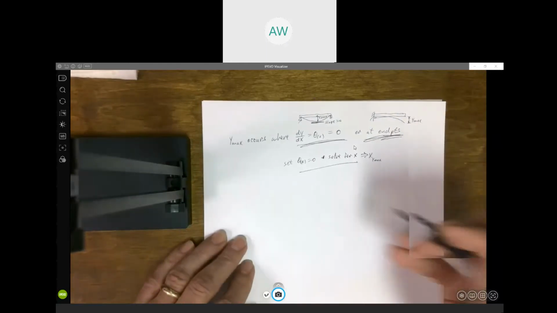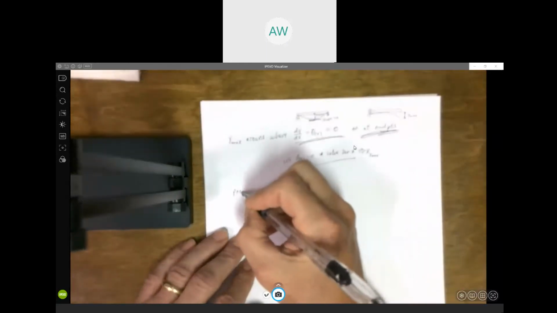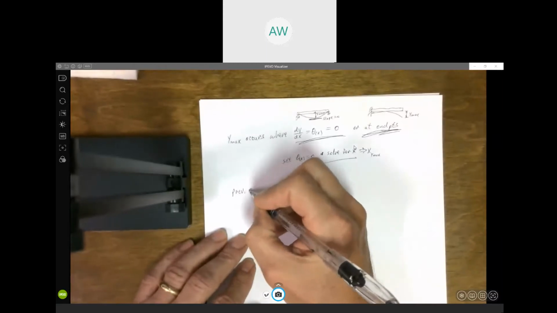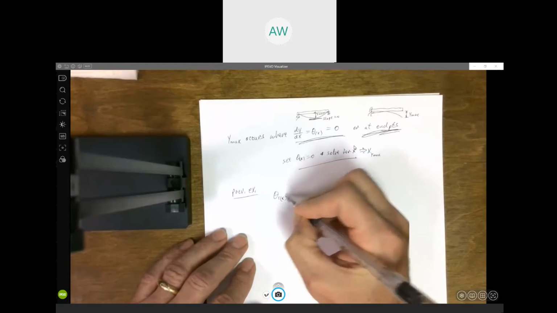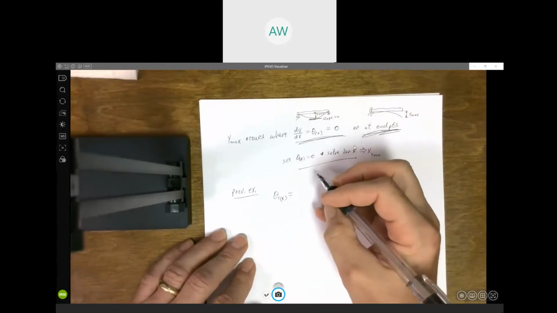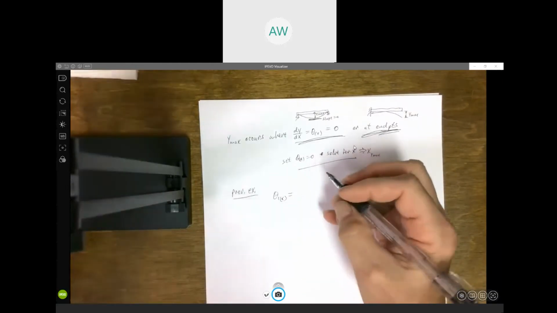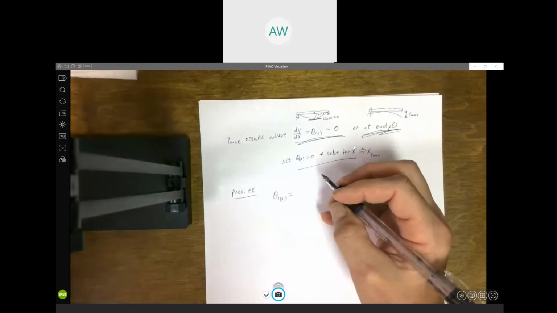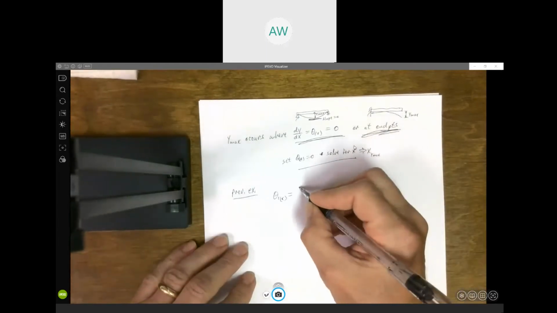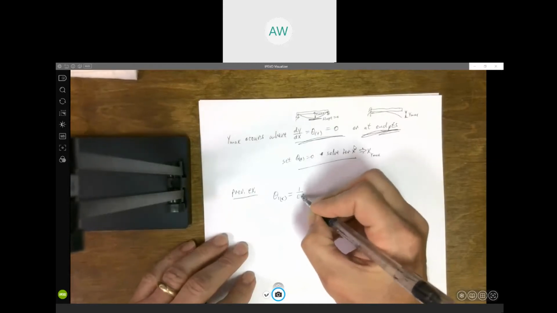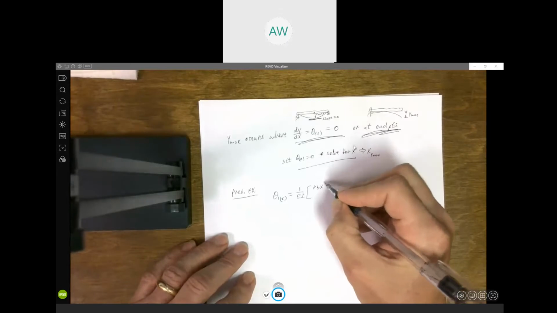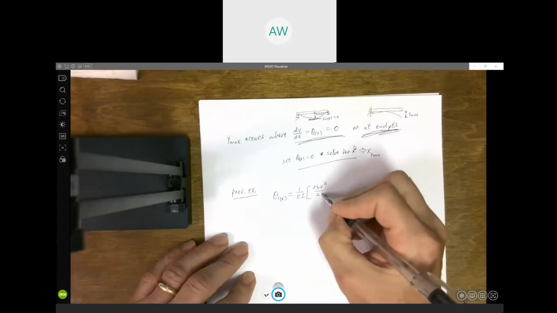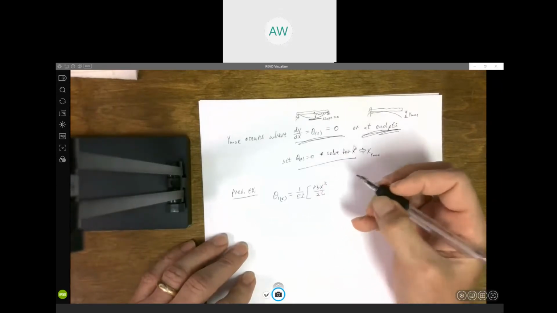So if you go back to that problem we just worked, we had theta 1 was, I've got to go back and look somewhere over here. It was 1 over EI times PBx squared over 2L plus C1.